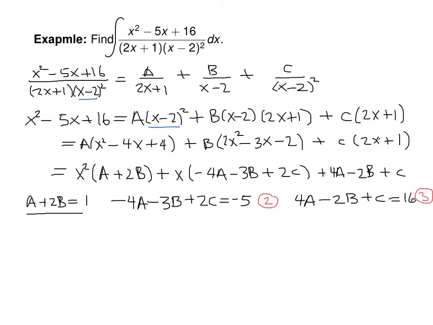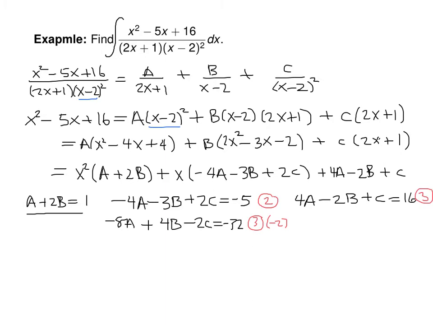So you can take equation 3, multiply it by negative 2, and then add that to equation 2, and the c's will cancel. So if I take equation 3 and multiply the whole thing by negative 2, that gives me negative 8a plus 4b minus 2c equals negative 32.